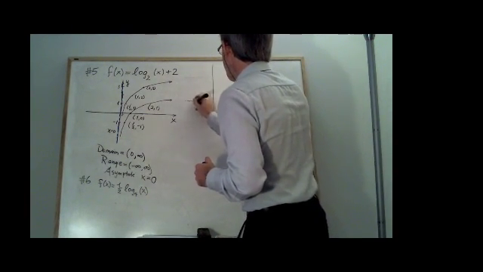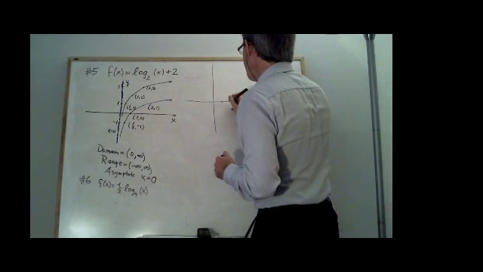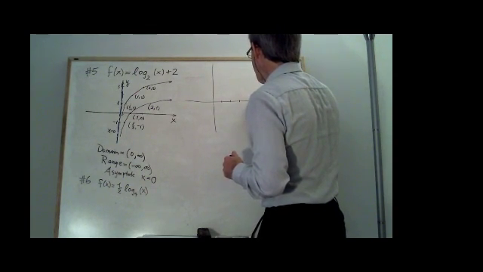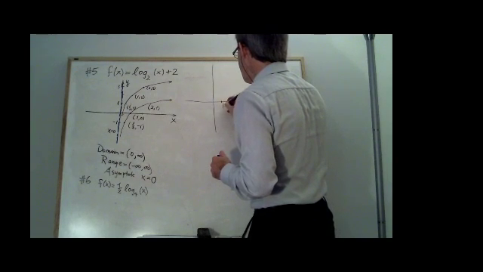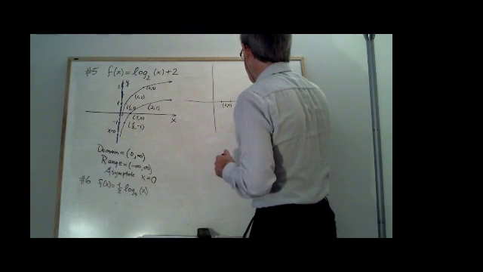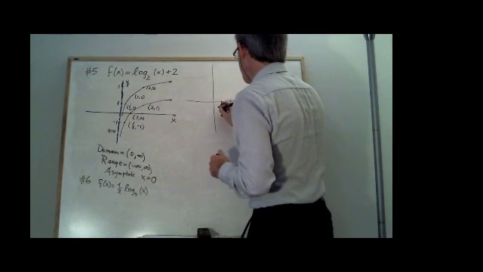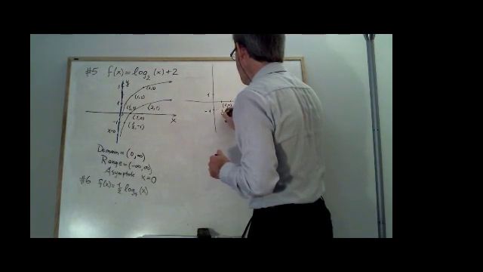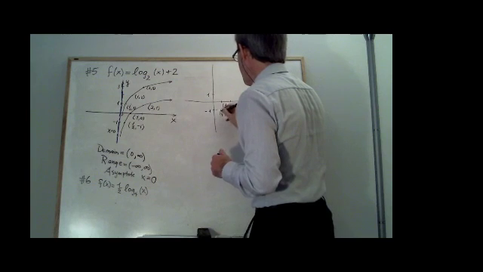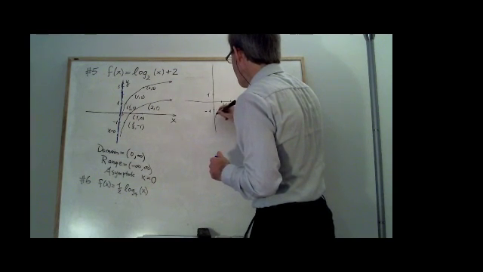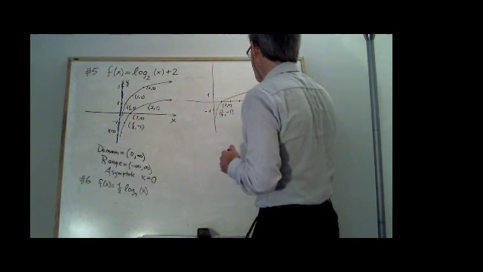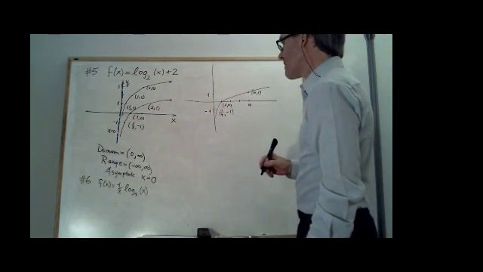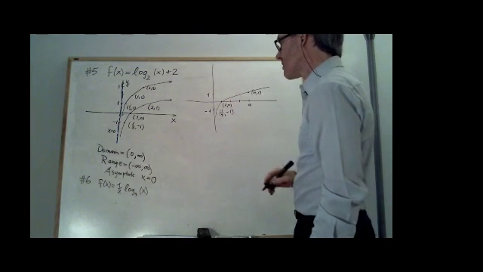It looks like this. You have 1, 2, 3, 4. Key points are 1, 0, 4, 1, and 1/4, -1. So the parent graph looks like this, something like that.